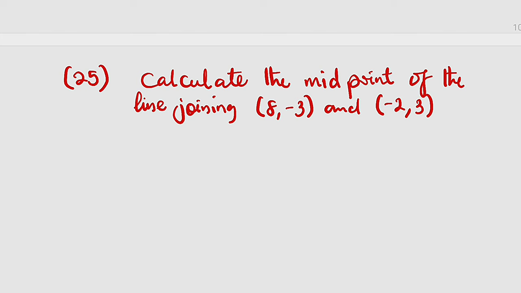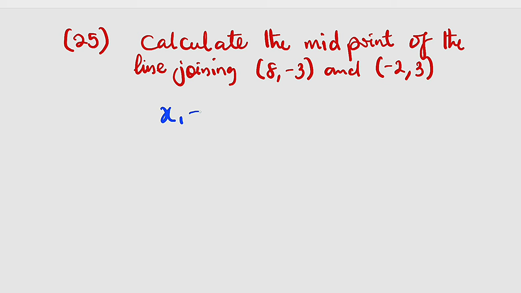Question number 25, we are asked to calculate the midpoint of the line joining the points (8, negative 3) and (negative 2, 3). The midpoint is x1 plus x2 divided by 2, y1 plus y2 divided by 2.